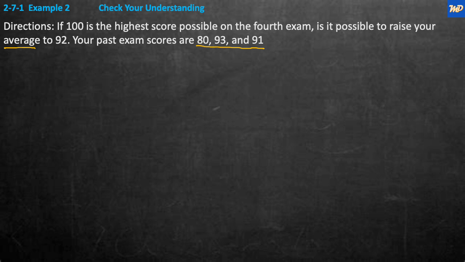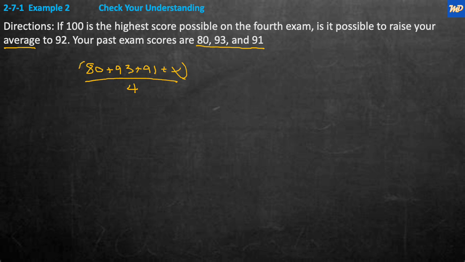Let's see what resolves. So we're going to say we have an 80, plus we have a 93, plus we have a 91, plus we have some unknown value x, the score we have to get to have a 92, right? And we know that when we have all these scores, we're going to divide them by 4, because the mean is you add up all the scores and you divide by 4.